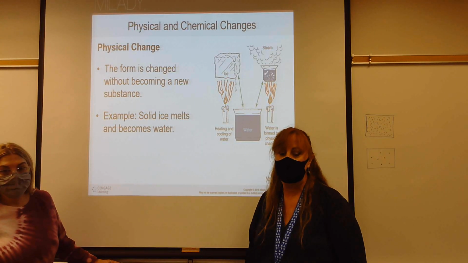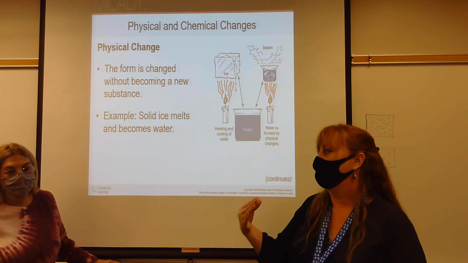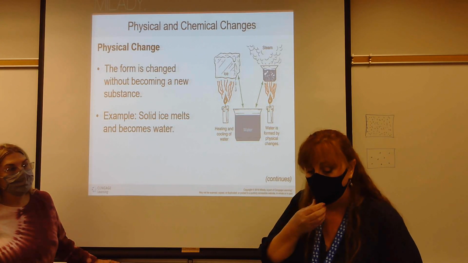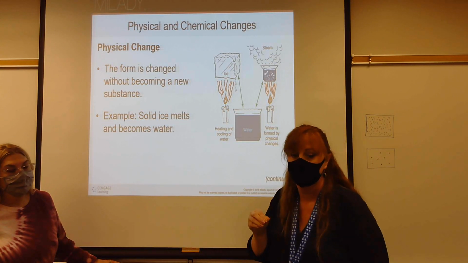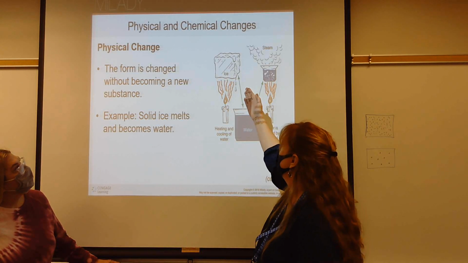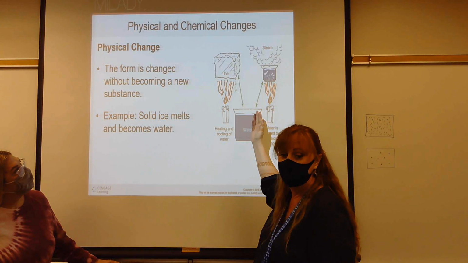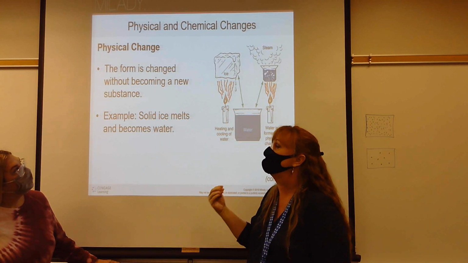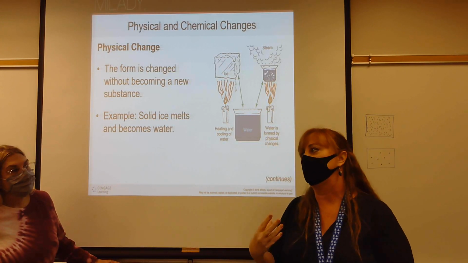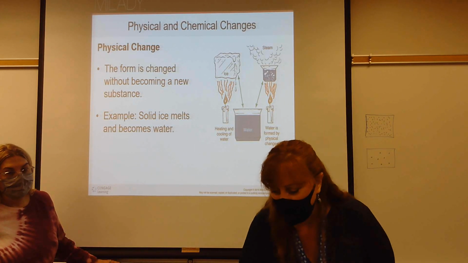So it can have lots of different physical properties, but it's still water. It didn't chemically change. So if you melt ice, it was water, it's still water, and when it steams, it's still water. So those are physical changes. It just means the state of it has changed, but its identity has not changed at all.